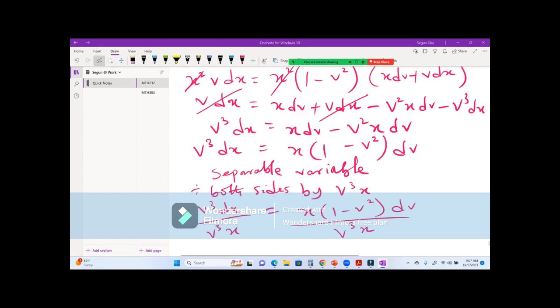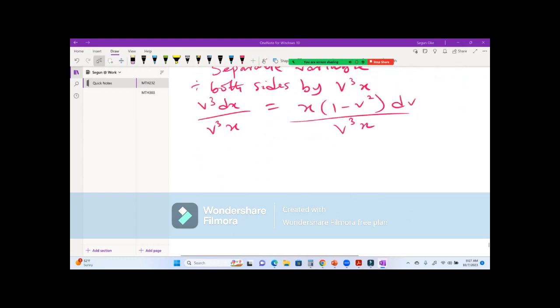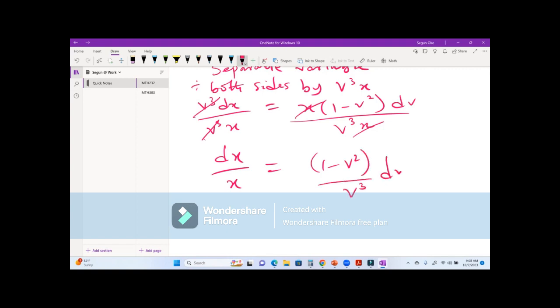So what do we have here? These go with this, right? And x goes with x. So we have dx over x equals to 1 minus v squared over v cubed dv.